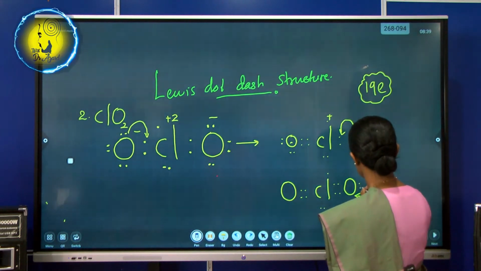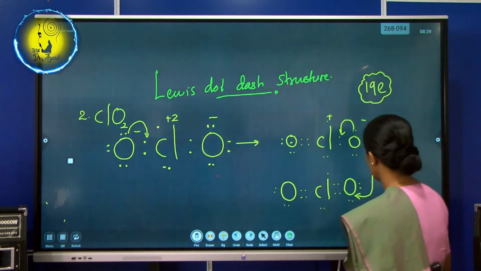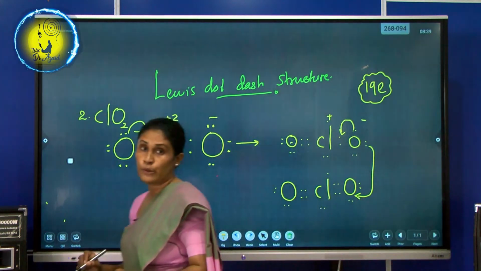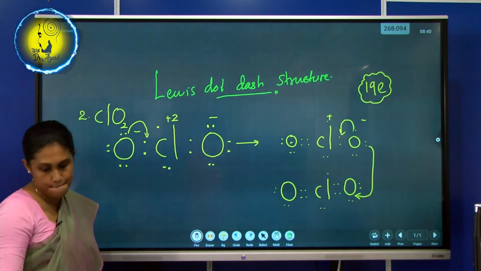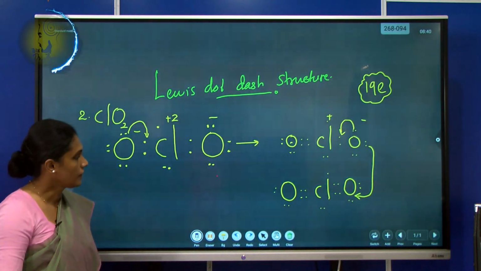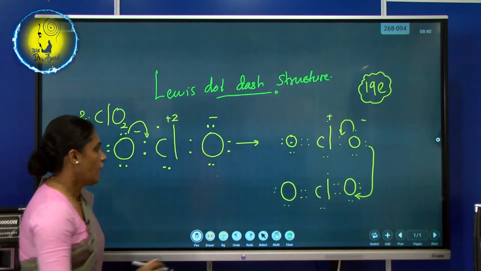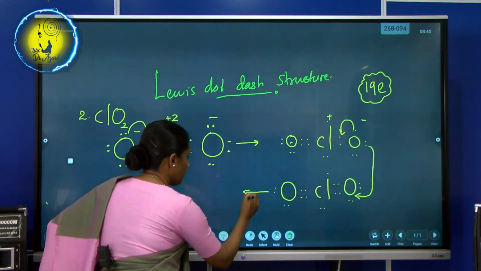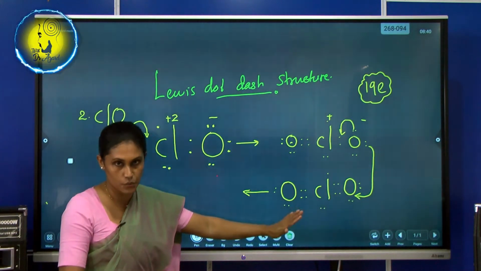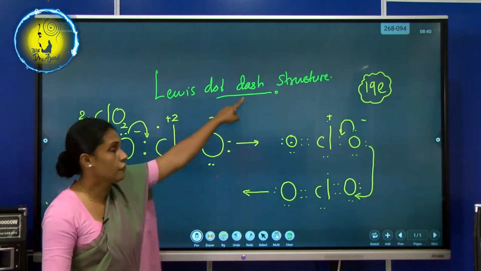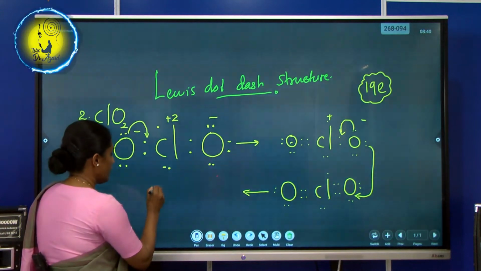Now we have, right now see whether you can understand up to this level. Yes. Now here we go. Now we are at the step before the last. The dot diagram, dot structure is okay, but now we want to go for the dash, the Lewis dot dash structure. Right.